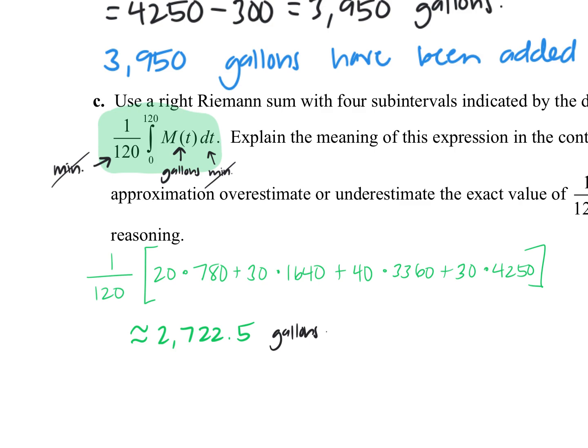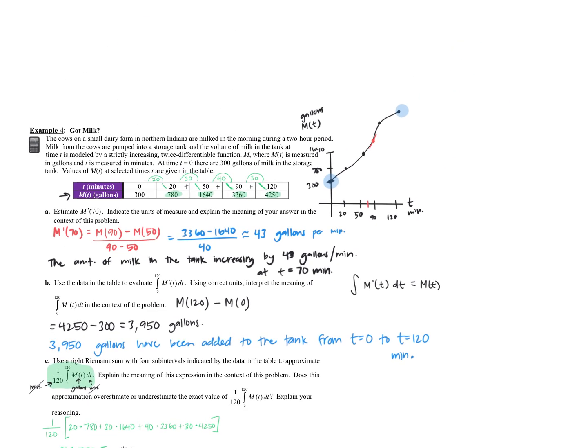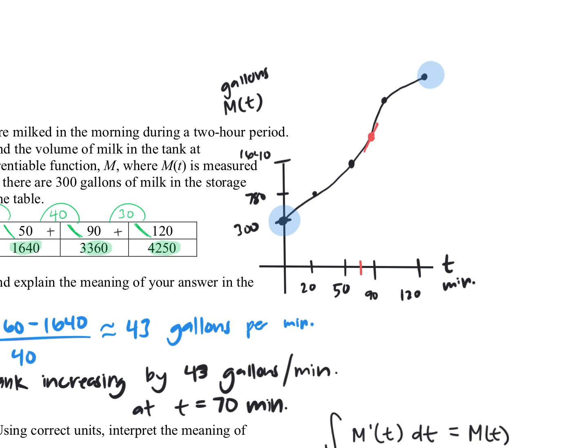But let's explain what that means in terms of my graph. Again, average value says, okay, if I take all of these y values, every single one of those y values from 0 to 120, I am finding the average y value in between those. So I'm adding all of those up, getting all of those values together, and then I'm dividing by 120 minus 0, or my interval that I'm looking at, to find the value that we just got, which was 2,722.